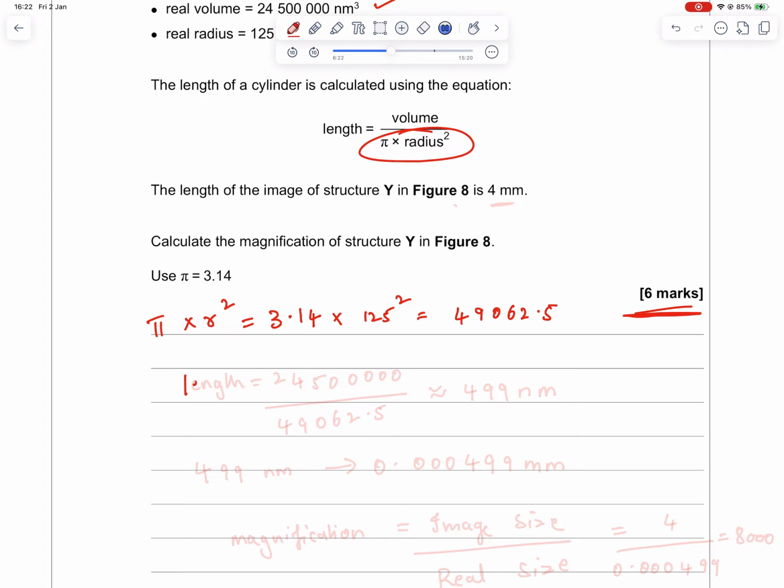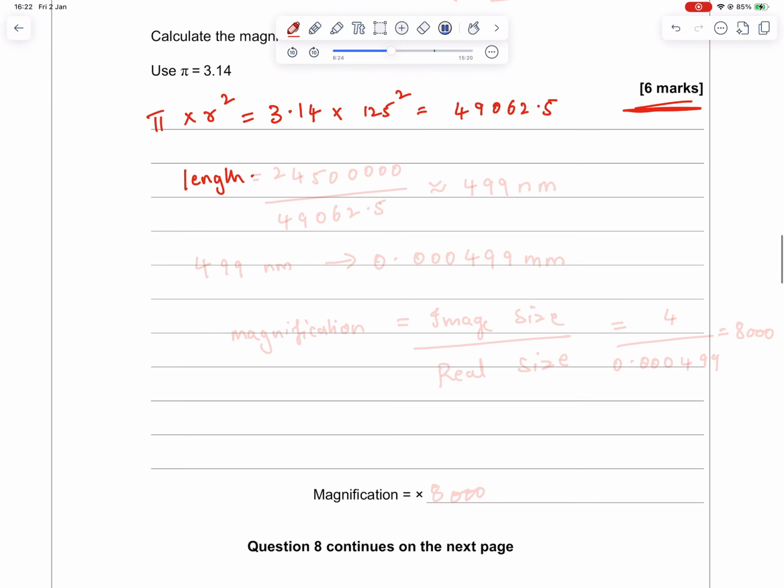So the length, substituting the values here, is 2, 4, 5, 0, 0, and then 3 zeros. Be very careful with the number of zeros you're putting in. Make sure you count them properly. Approximately, when I put that in my calculator, it gives me 499 nanometers.